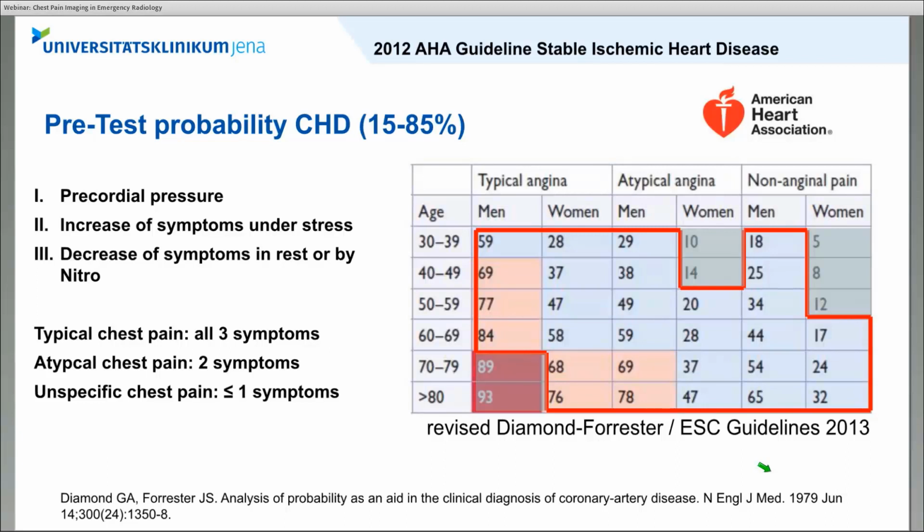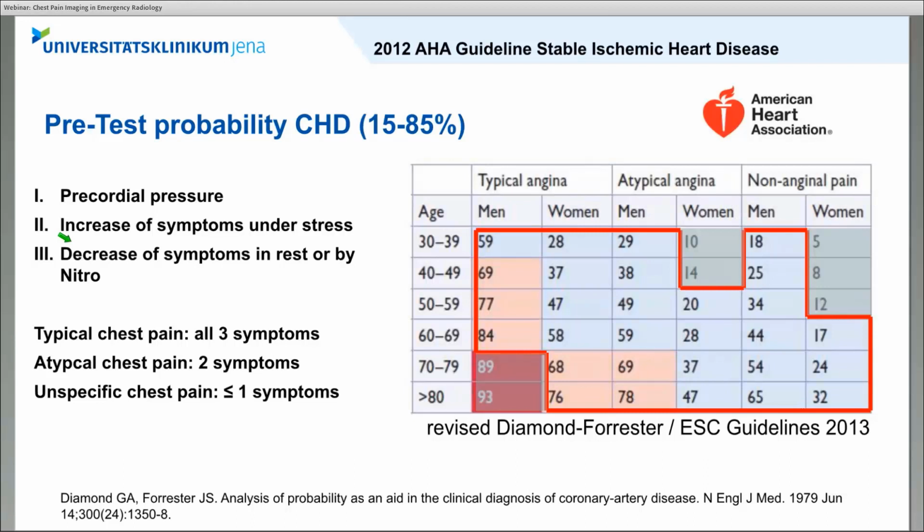They followed the same recommendations in terms of how they defined typical angina, atypical angina, and non-anginal pain: by precordial pressure or pain, increase of symptoms under stress, and decrease of symptoms at rest or with nitroglycerin.